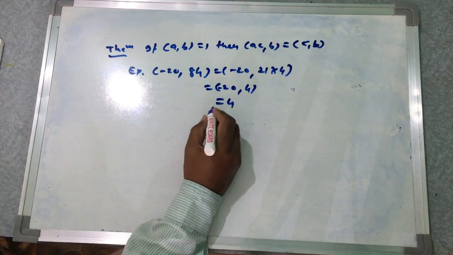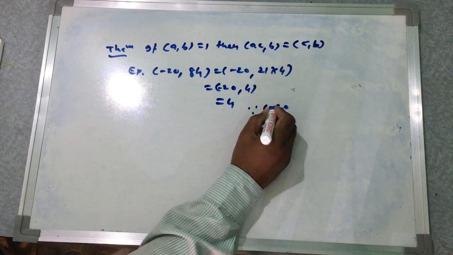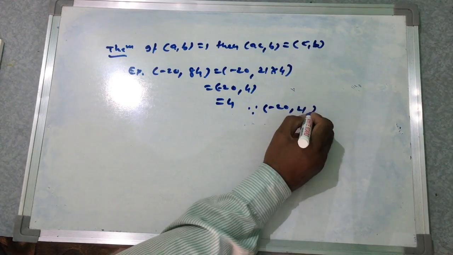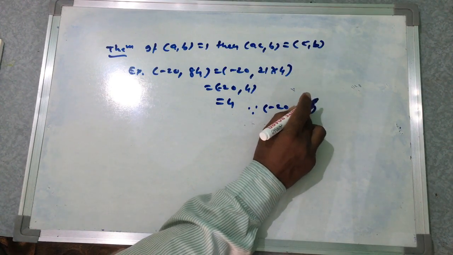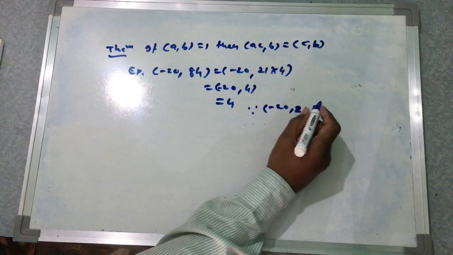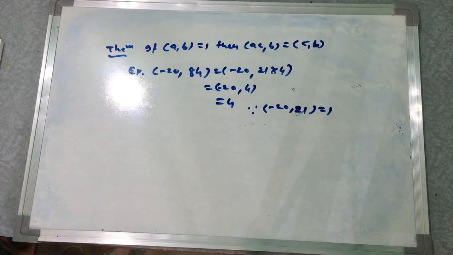This is equal to 4. So as we have taken minus 20, 21 is 1. So likewise the examples.